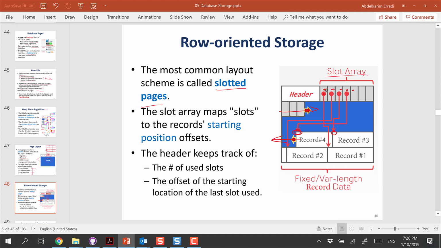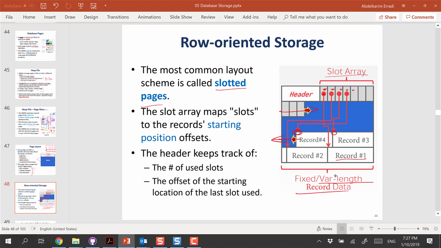I start recording from the end of the page. The slot array occupies the top of the page, and the actual data occupies the bottom of the page, and they keep growing until they meet each other, until there is no more space. This organization supports variable length records.